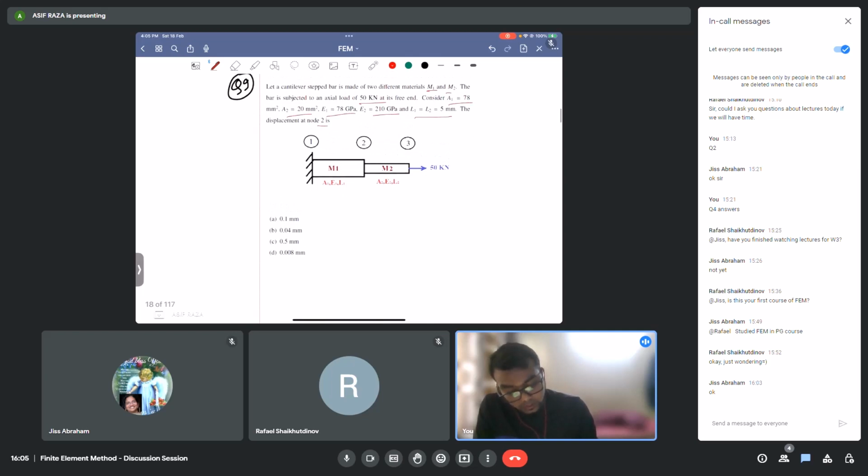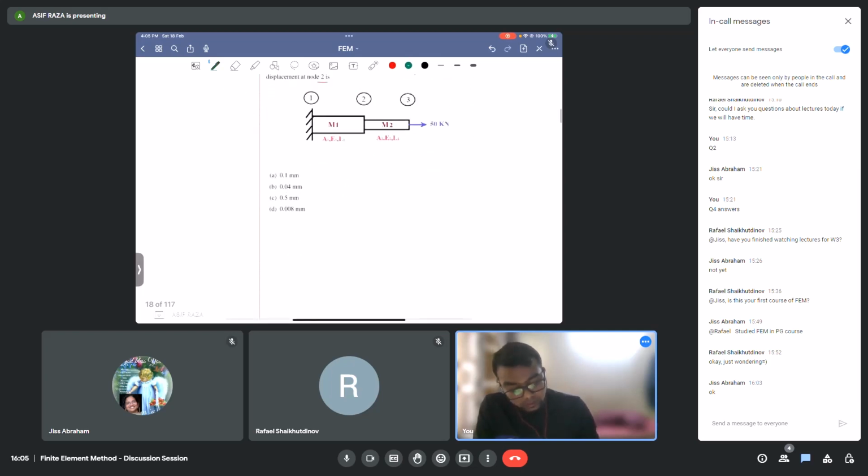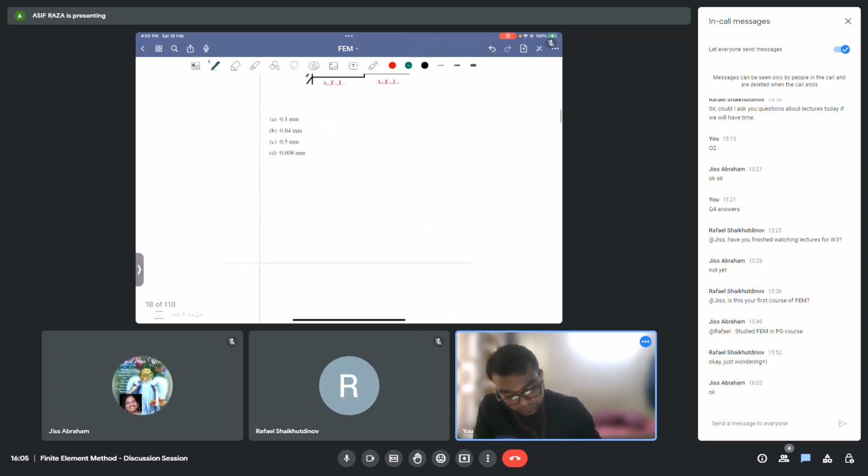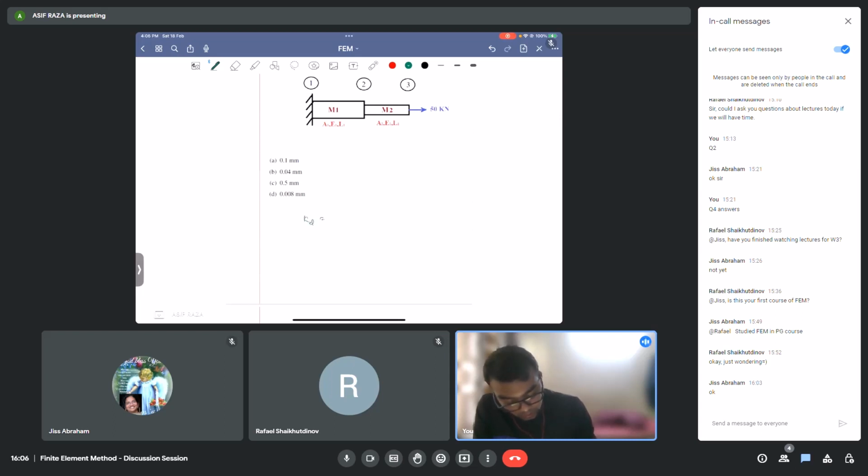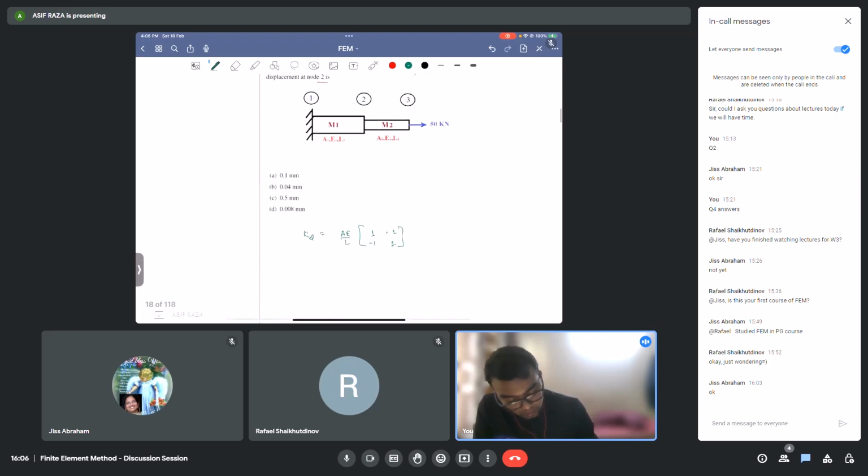I think you guys know, but I'll just do this quickly. So, for a bar element, what do we have? An element stiffness matrix as AE by L times [1 -1; -1 1].